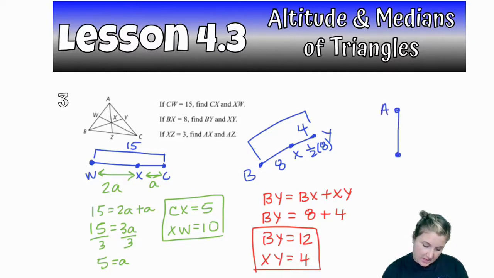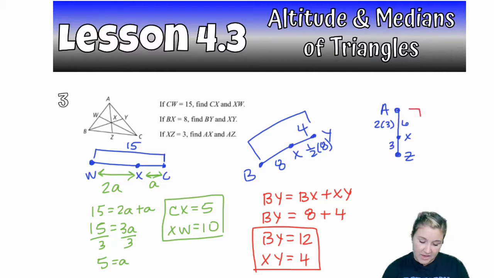This is A, and this is X, and this is Z. I know XZ is 3, excuse me. And since AX goes from the vertex to the centroid, it is twice what going from the centroid to the opposite side is. So this is going to be 2 times 3, which ends up being 6.